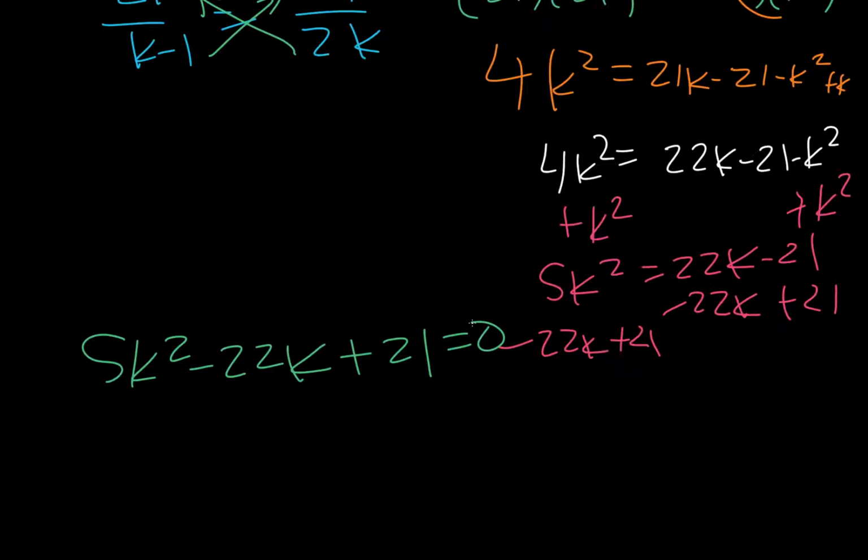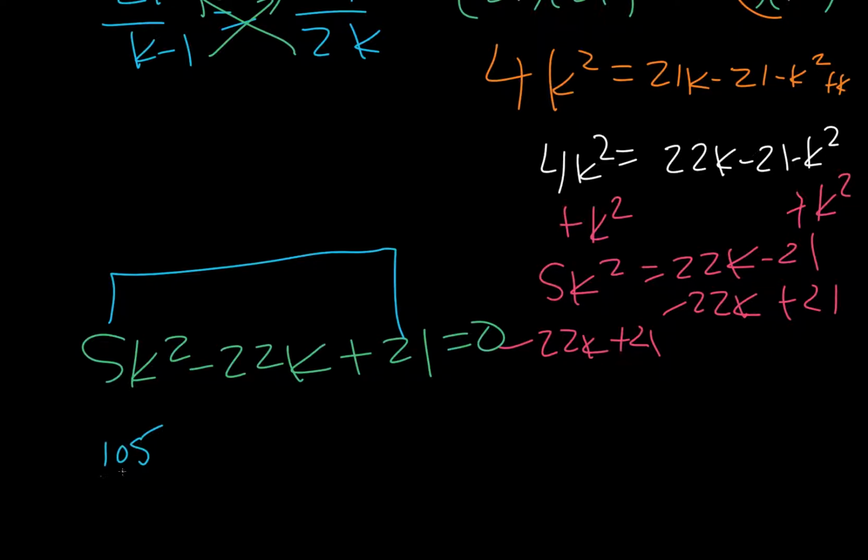And then we can plug this into the quadratic formula, or we can try to factor it. So let's see. Let's try to factor it. So we're going to do 5 times 21. So 20 times 5 is 100. And then, so that's 105.